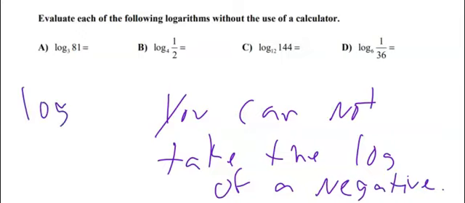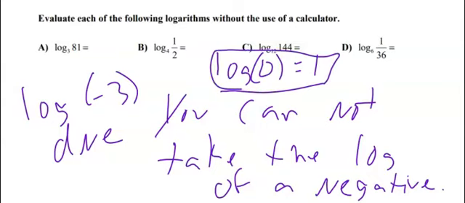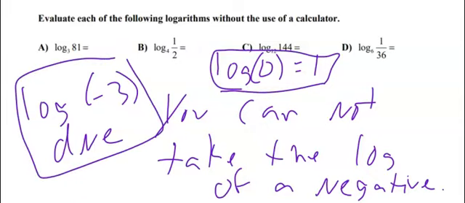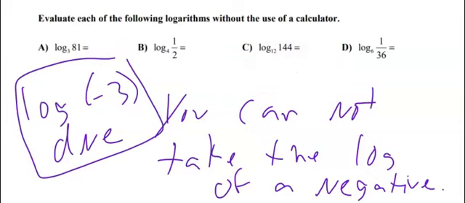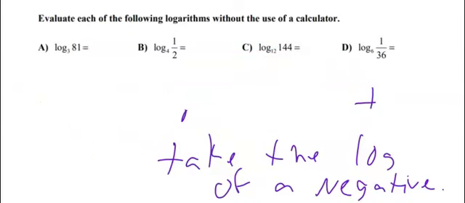So log of negative 3 does not exist. So can a log be negative? Yes, you can have an output that's negative. You just can't take the log of a negative number. And another thing I need to mention, so I don't forget, log of 1 is always 0. Those are the two rules that I want to make sure I mention because they appear so much. It's very easy to just assume you know, so I want to make sure I told you.